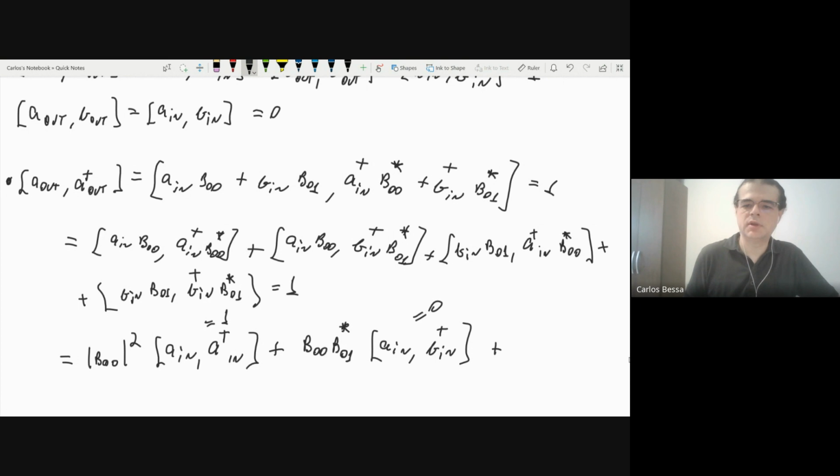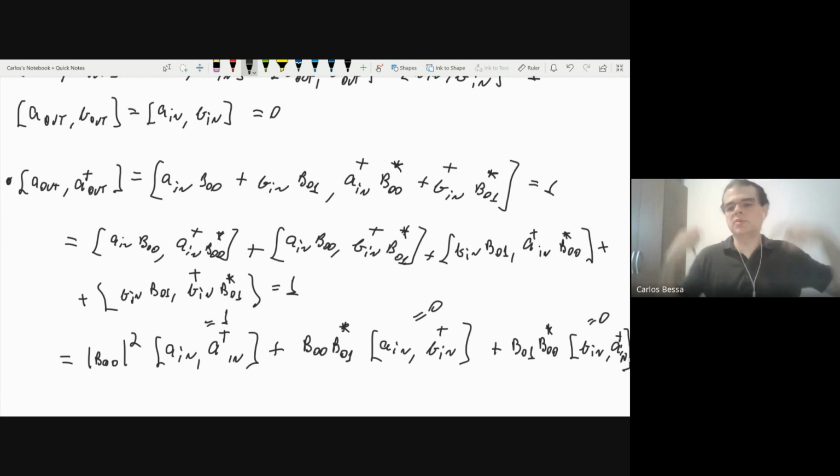Plus B01, B00 conjugate, B in, A in, dagger. This as well, they are independent. Independent means that we can measure both with high precision, right?